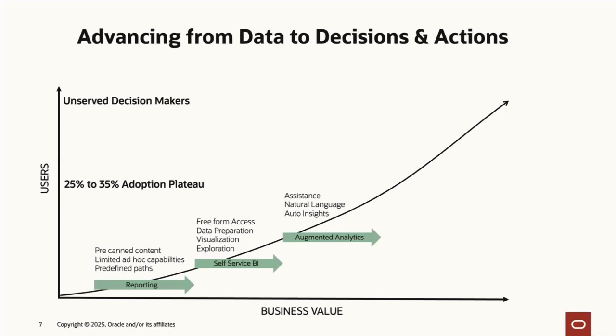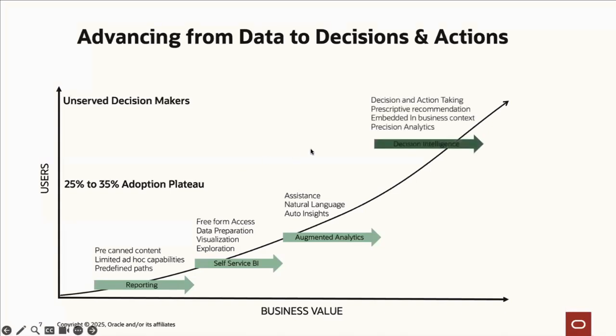We're going to have natural language so that you can talk to an assistant and have your queries understood in a natural human language. And you're going to have tools like auto insights, which are going to explain your data set for you. And all of these features go together and build towards decision intelligence, which Oracle Analytics Cloud is on the cusp of.